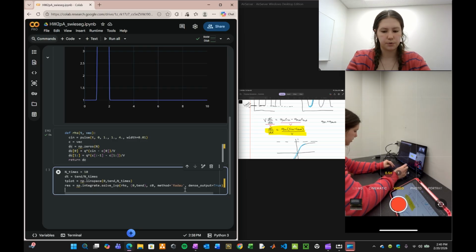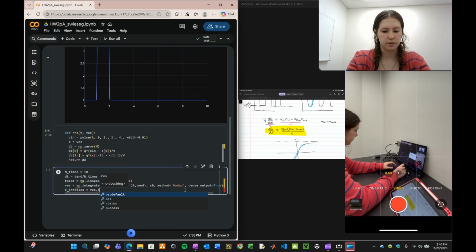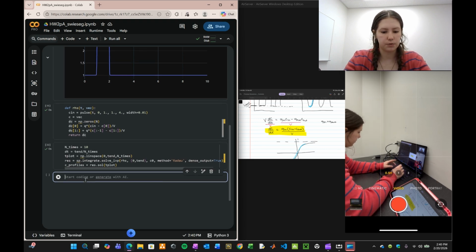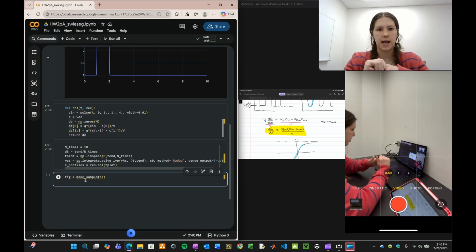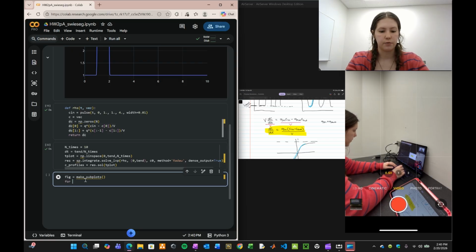Okay, and then we want to define our C profiles here. We want this to be equal to our res.sol of our t-plot. And now we want to actually plot this. So we will do fig equals make_subplots. But we're actually going to add a loop here because we wanted to plot these changes in concentrations at different points. So we're going to say for t_index in range n times.